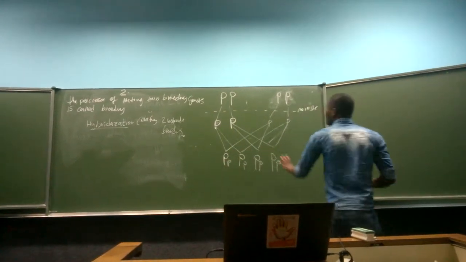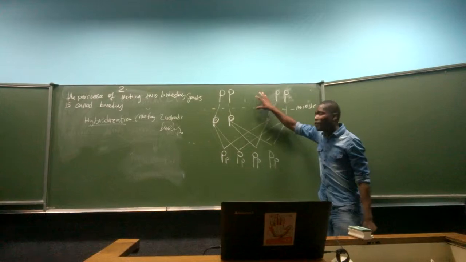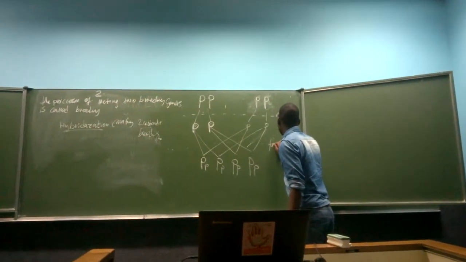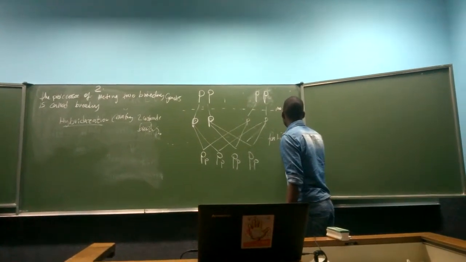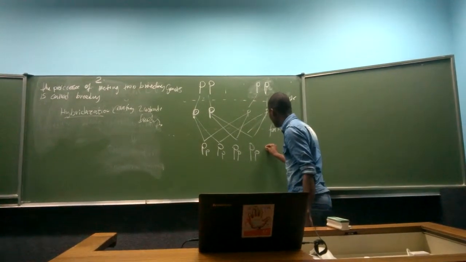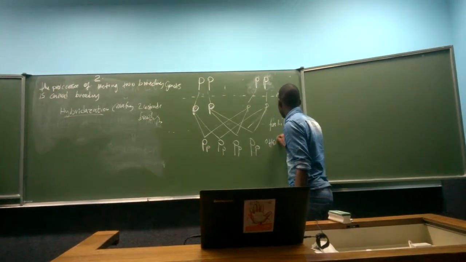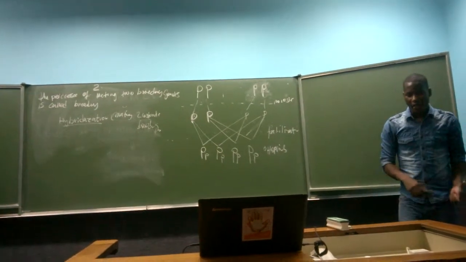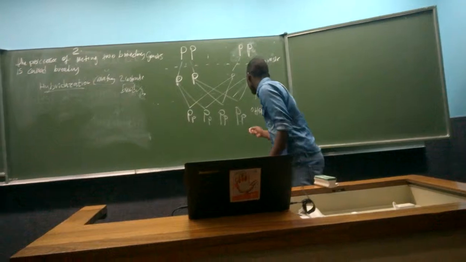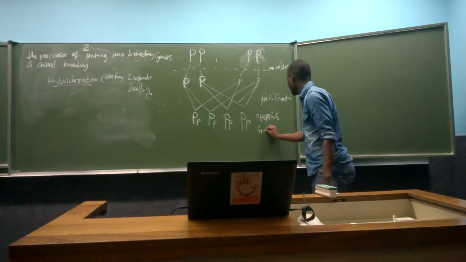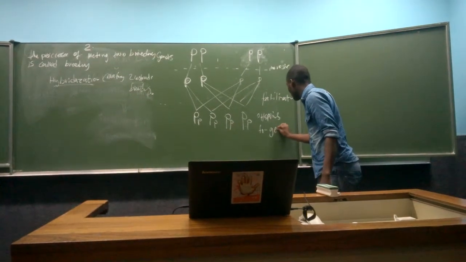So these were the parents, dominant parents and recessive parents. Here it's fertilization. These are the offspring, and these offspring are called the filial generation, F1.